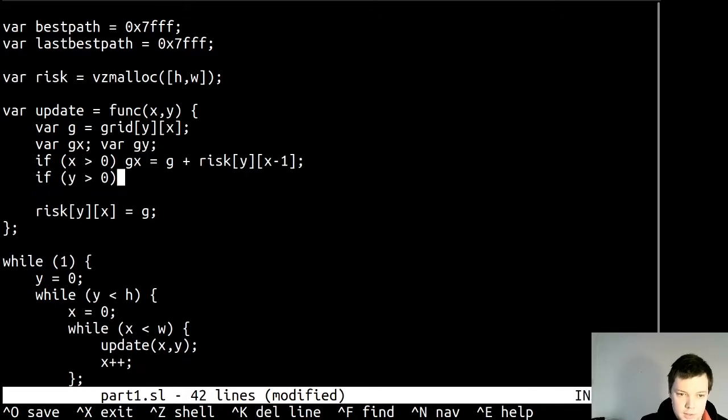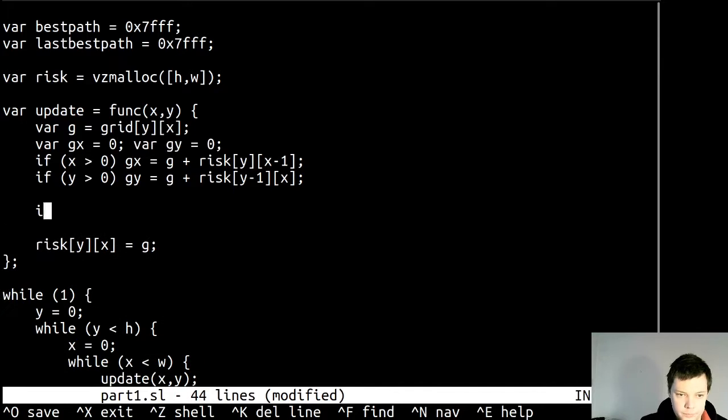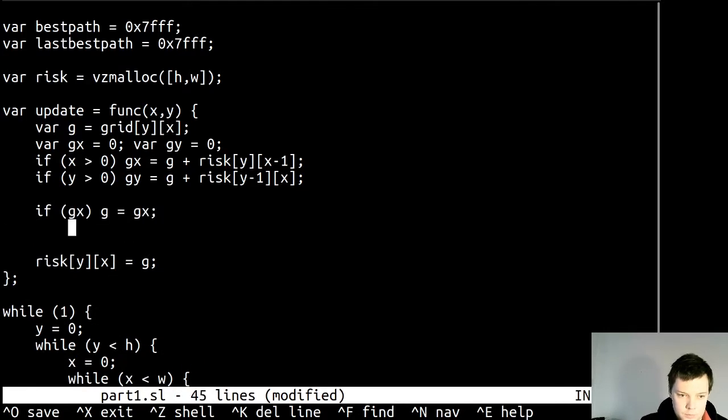If y is greater than 0, g is g plus risk y minus 1 x. So, okay, that'll be good.